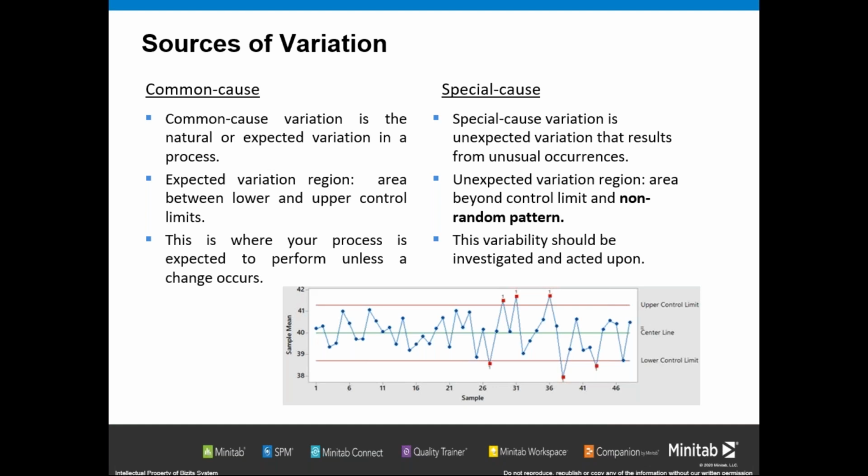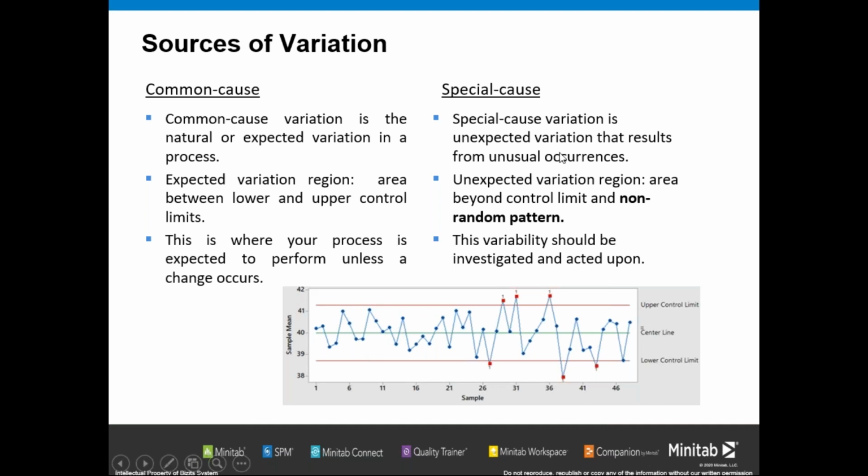It's natural. Let's say we want to bake a cake. We need to combine all the ingredients like flour, egg, milk, oil, and from there we already have common cause variation. Common cause variation is actually in the area between the lower and upper control limit. So inside these lines, we consider that a common cause variation. Okay, this is where your process is expected to perform unless a change occurs.